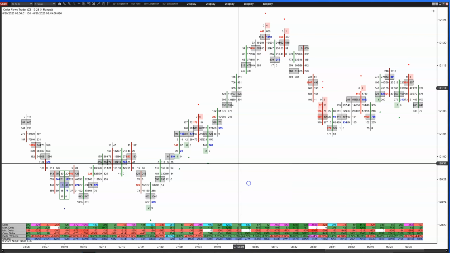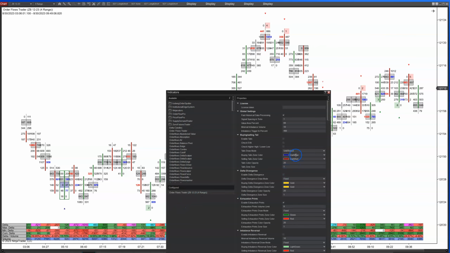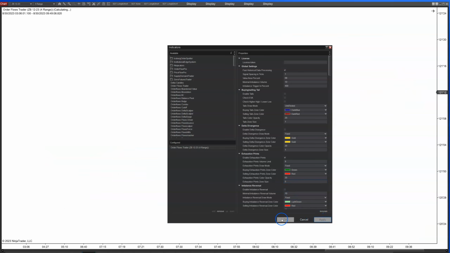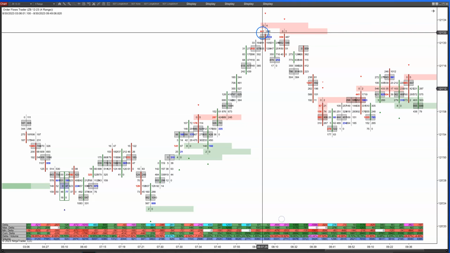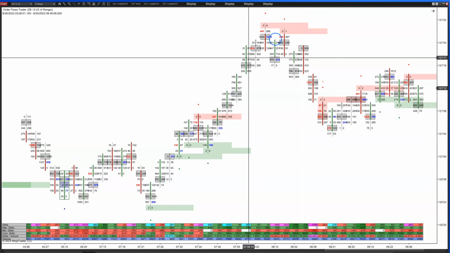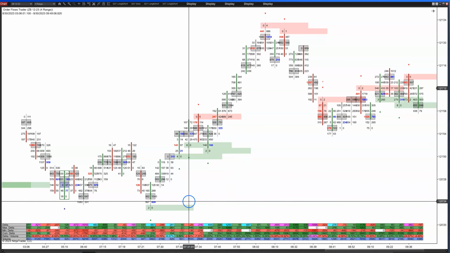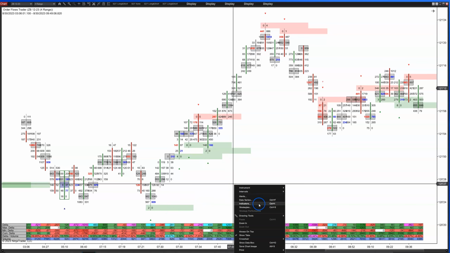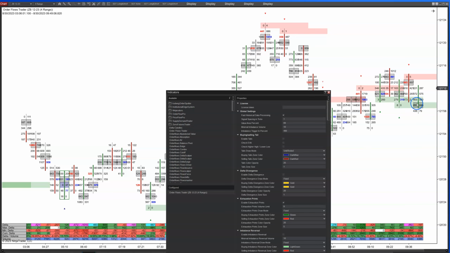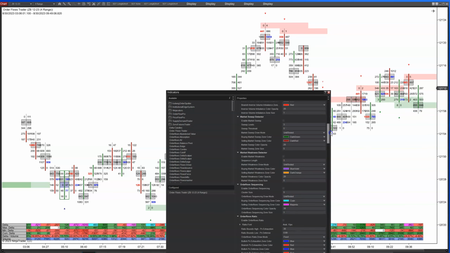But one of the enhancements that we made several years ago was the ability to not just highlight that box, but draw out a little zone. You could draw it out however many boxes you want. Maybe you just want to have a level drawn here, an area that the trade would be invalidated by. That's if I were to draw it out 5 levels. But I like to draw out any sort of interesting thing in the order flow.